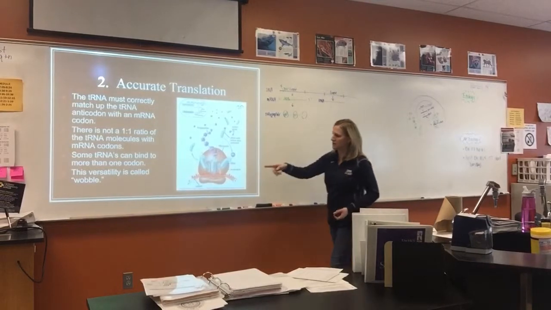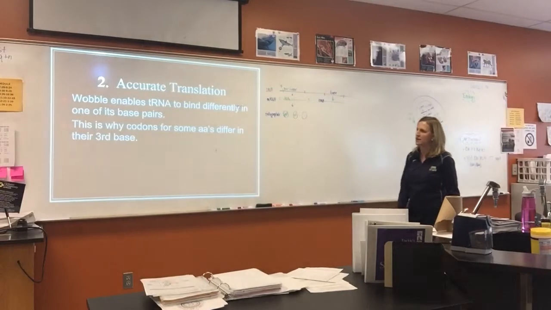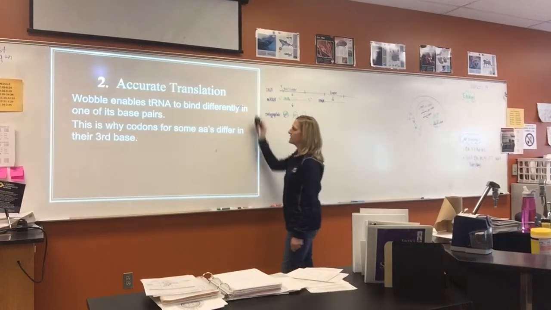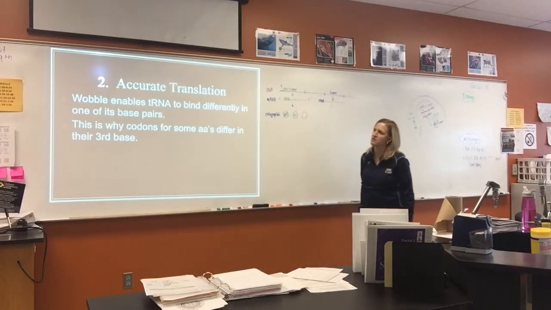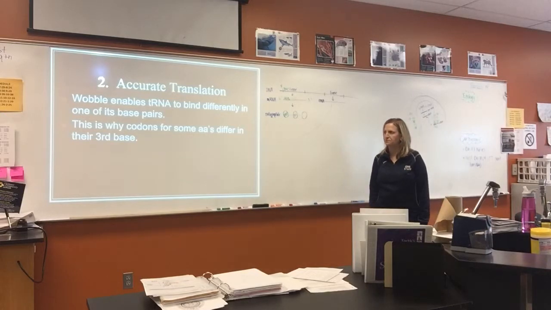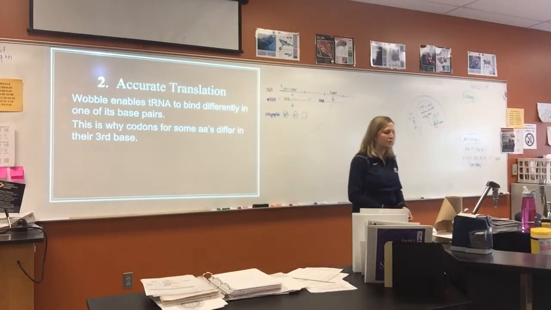So let's go back to this wobble effect, that some tRNAs can bind to more than one codon. This wobble effect enables tRNA to bind differently in one of its base pairs. It's usually the third base. This is why codons for some amino acids differ in their third base.